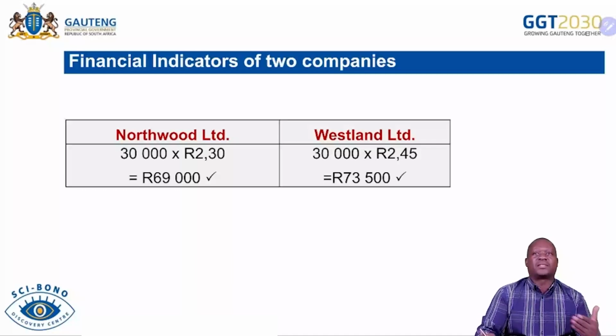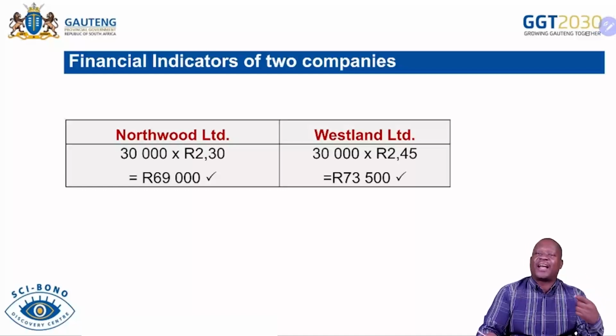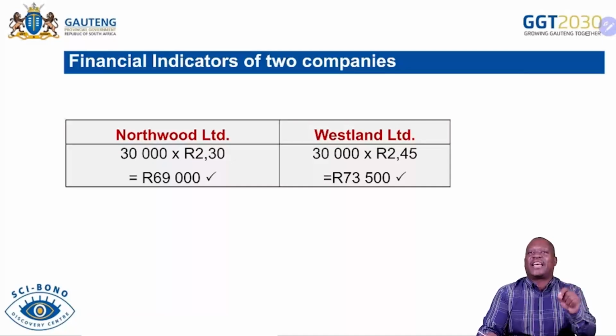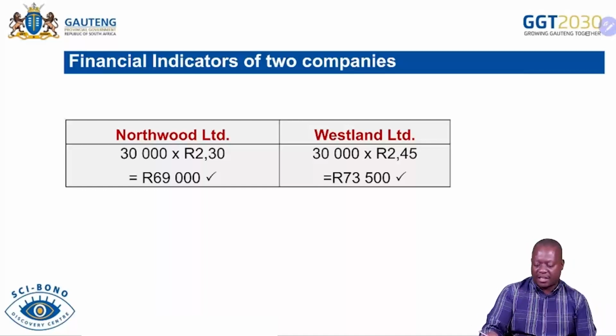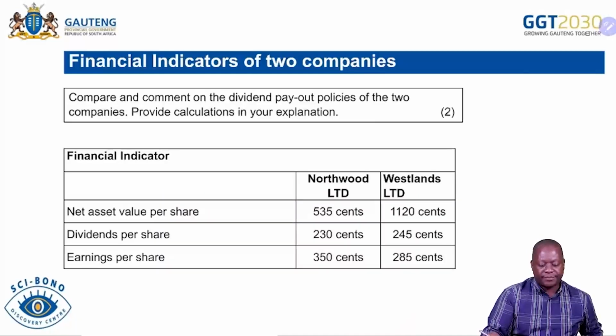When you get something like this, it's straightforward, you don't need to sweat. Remember only that for dividends per share, we are looking at how much each share is gaining as dividends. So it means 230 times the number of shares that he owns, and then we find how much our friend is getting in both companies.